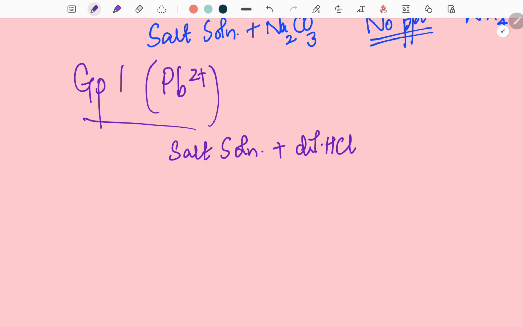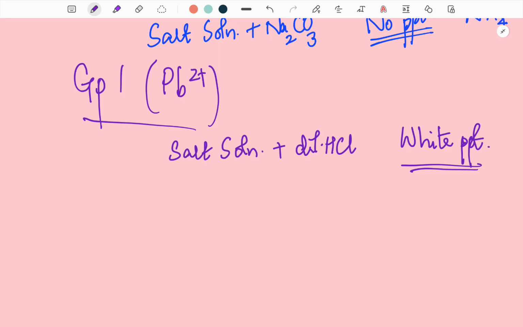When you are adding dilute HCl, if you are able to see a white precipitate being formed, then that means lead ion is present. It's an identification test. You have to confirm it with a confirmatory test, of course, but this is the identification. If you are getting a white precipitate, then that means lead ion is present in your salt.